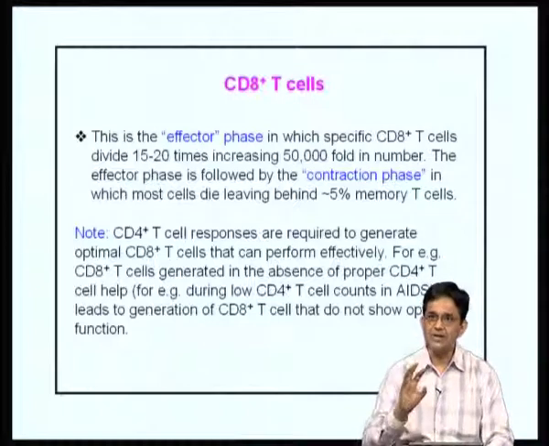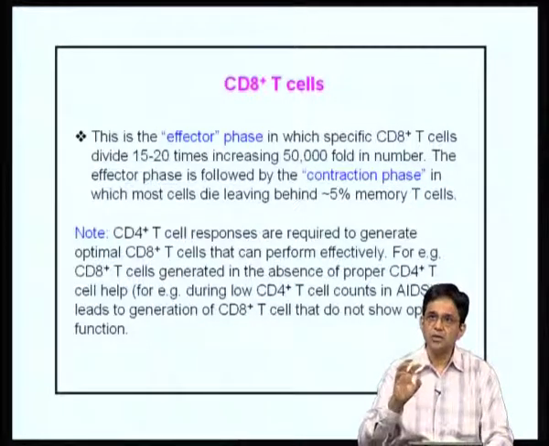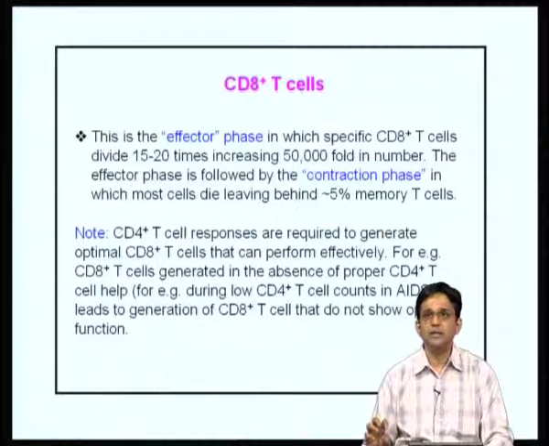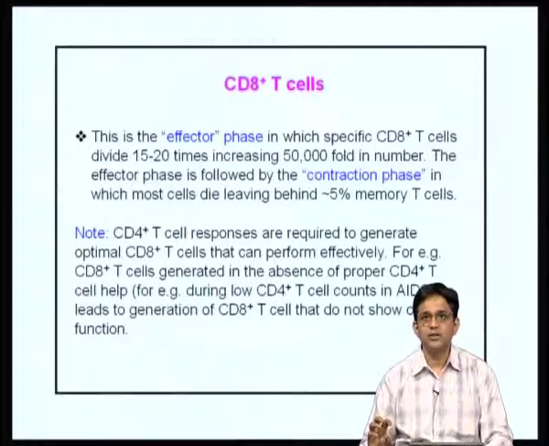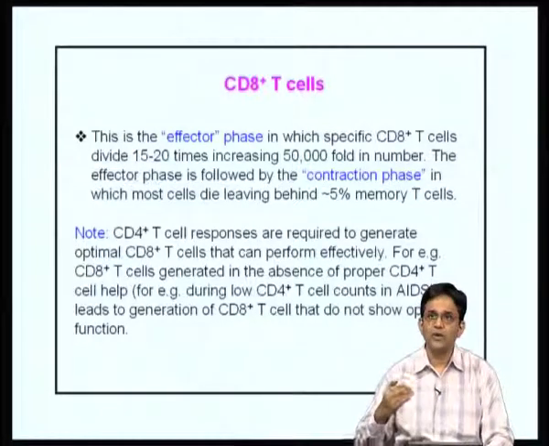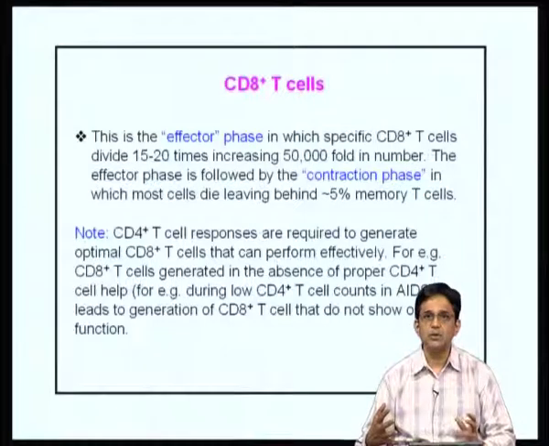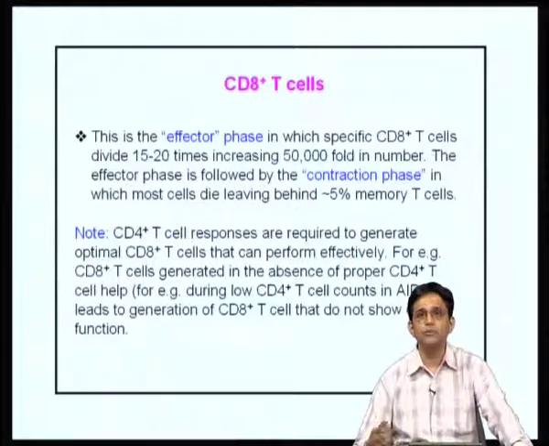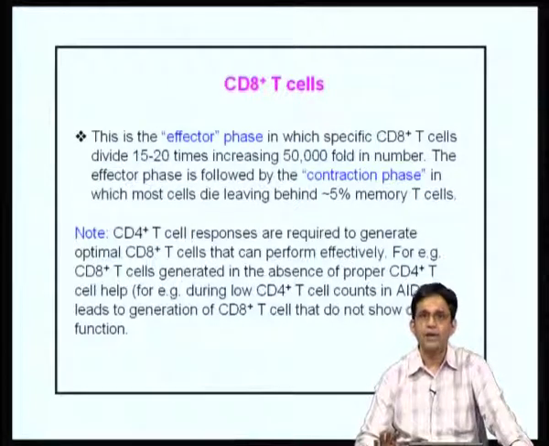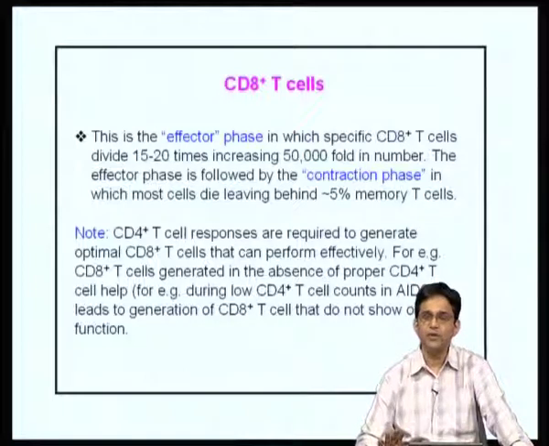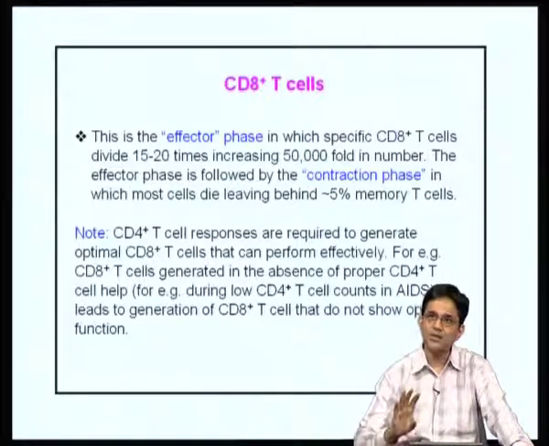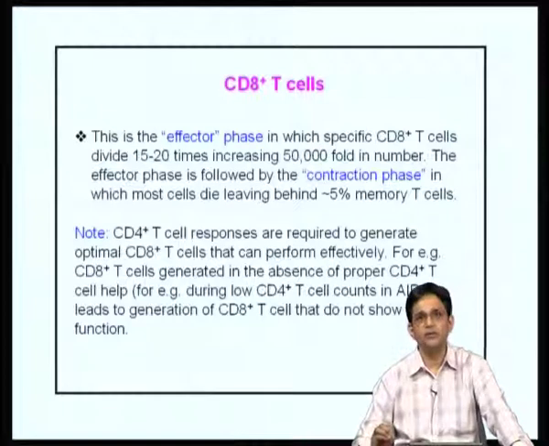You need to activate T cells, but after activation you need to bring the numbers down or lower the activation, because if you do not, then the host has to constantly be in the presence of huge amounts of cytokines and these activated T cells, and it causes problems, what is known as immunopathology. So this is an important aspect, and in T cell activation we need to learn both about activation as well as bringing down of responses.